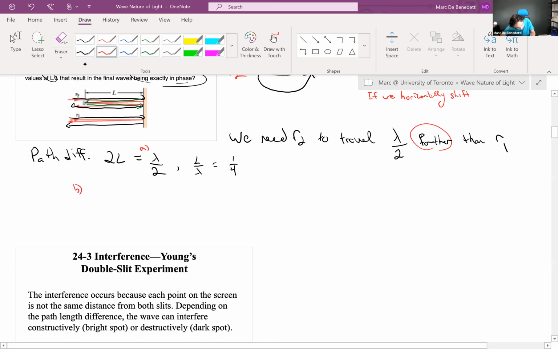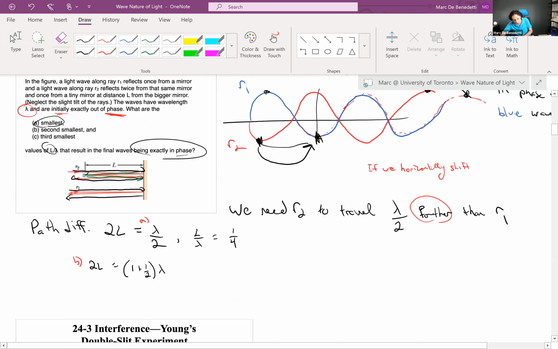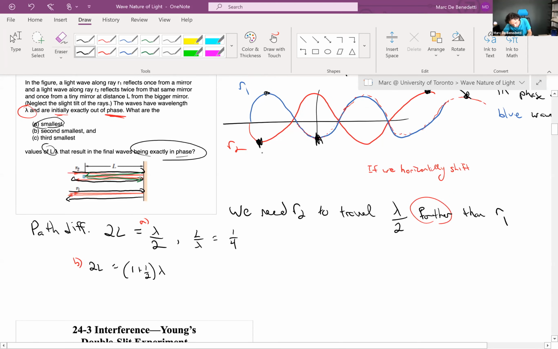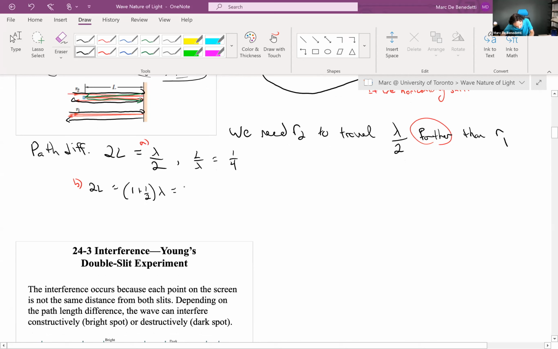For part B, you could say 2L is going to equal 1 plus half lambda. So instead of moving it over once, you'd move it over to here. That would also give you the same result. So this is going to be 3 over 2 lambda.